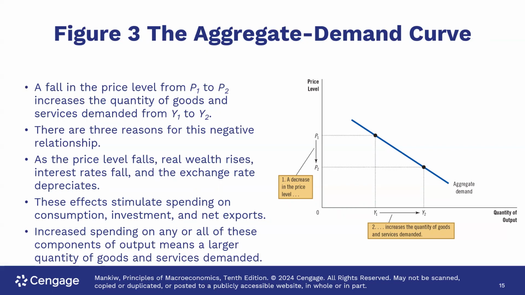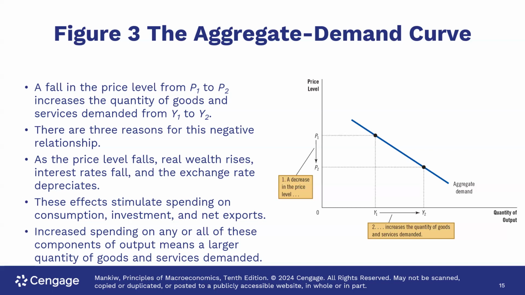So in the later slides, we will talk about the mechanism of it, but here is the general impact of the price change on the total demand. There are three reasons for this negative relationship. All right. So when the price level falls, the real wealth rises, the interest rate falls, and the exchange rate depreciates.